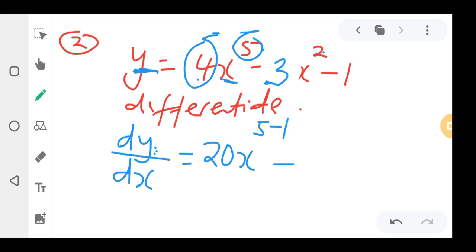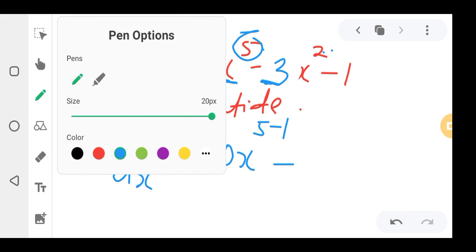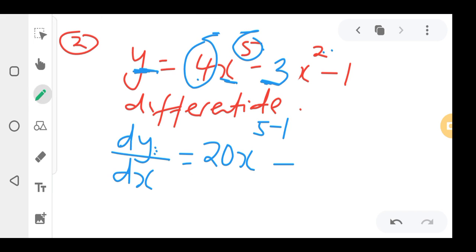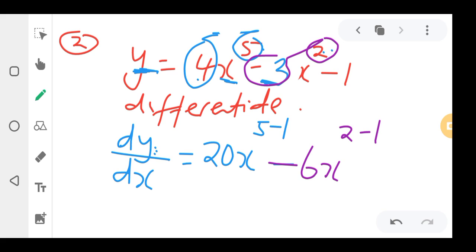This one is negative 3. Negative 3 times 2. Okay? I'm multiplying negative 3 times 2. So negative 3, you multiply it by the 2 there. It becomes negative 6. And then x to the power 2, you subtract 2 minus 1.